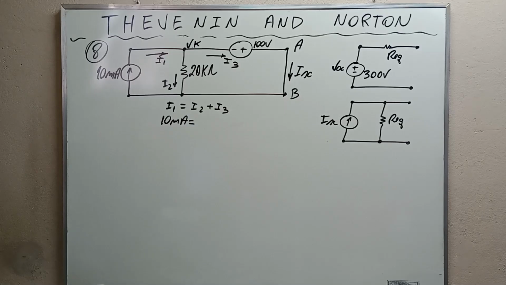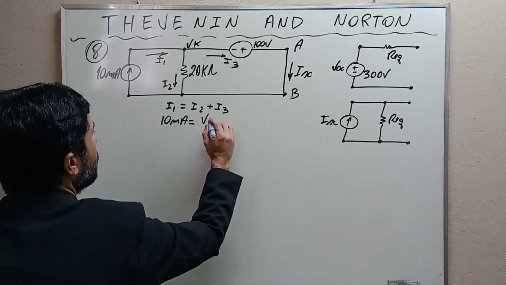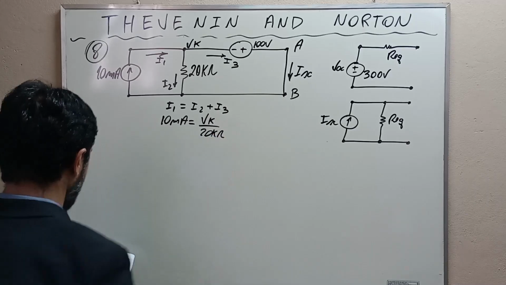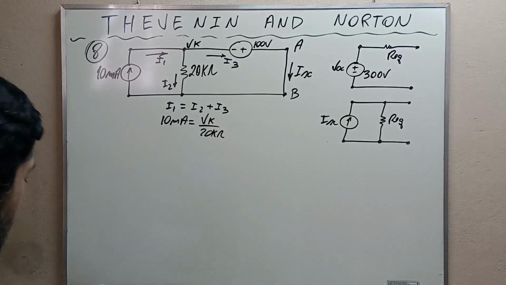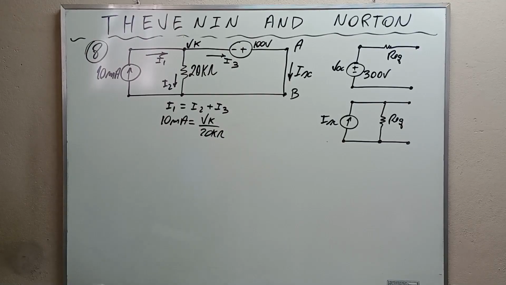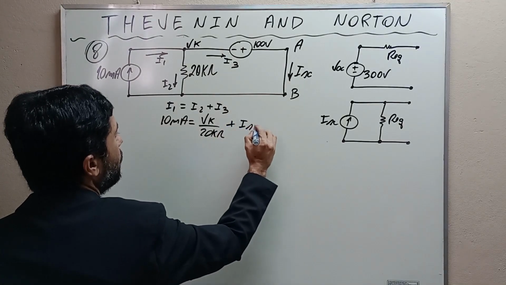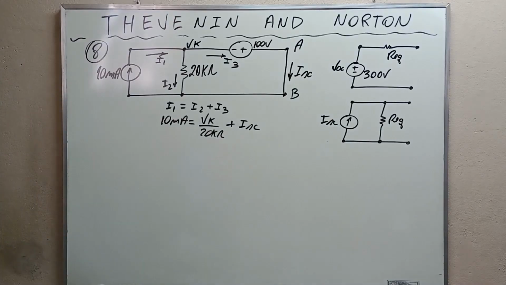I2 is equal to VK over 20 kilo ohms, okay? And how about I3? I3 is the very short circuit current that we want to find.